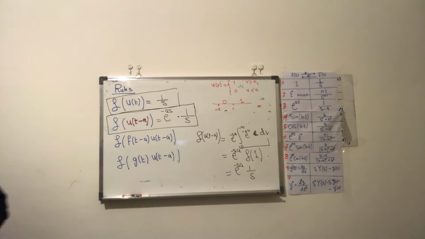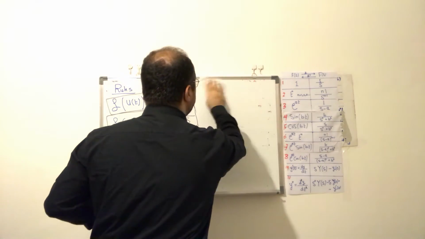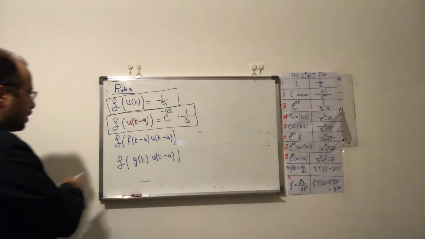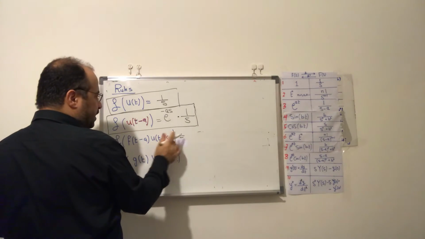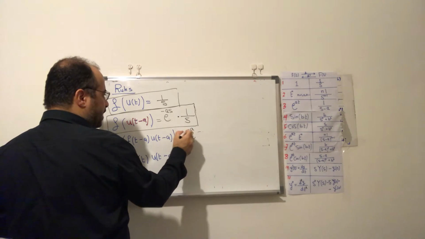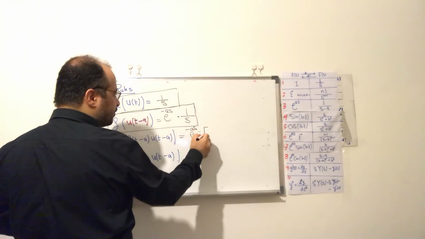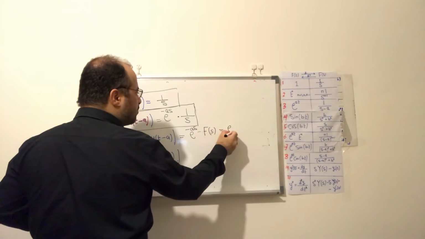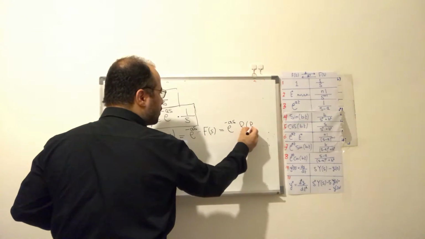Let me write the third rule now. All the rules are done in a similar way. So here is the next one. The rule says this thing will be just e to the minus as like before, and then you do F of s, in other words, e to the minus as times the Laplace transform of small f of t.